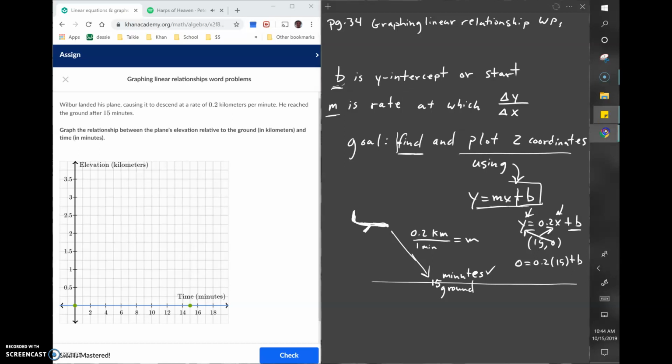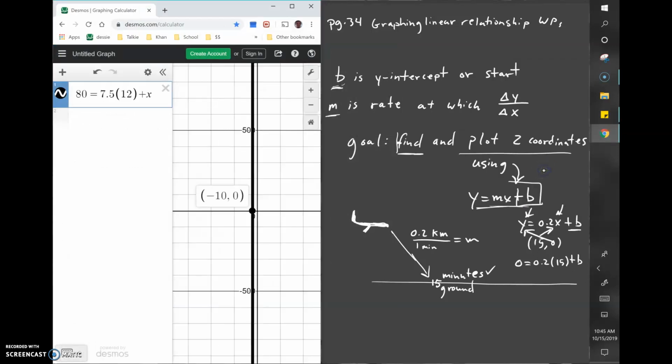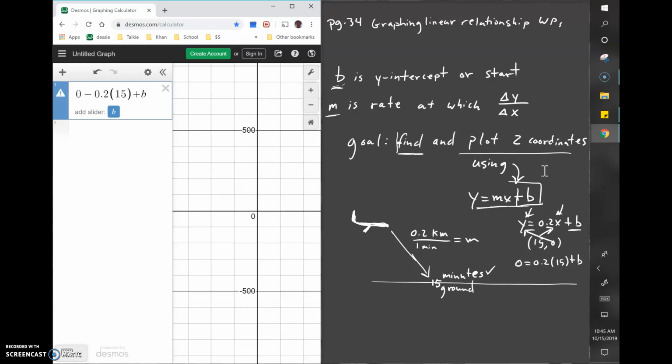I'm going to pull up Desmos. I'm going to type this in, 0 equals 0.2 times 15 plus b, and you can see it's not giving me a slider. Actually the slope is negative because it's descending, so I should make that adjustment.